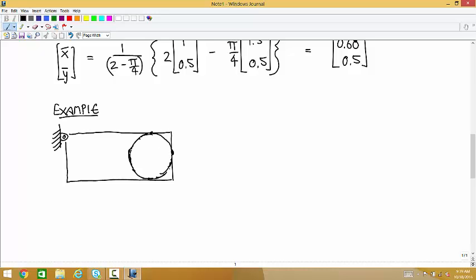Remove that circle. And then there's a roller at the midpoint that's in contact with the ground. And the mass is equal to 100 kilograms. And we want to know what are the reactions.